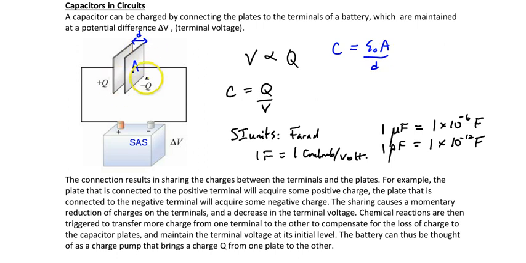So the larger the cross-sectional area A, the larger the capacitance C. And the closer you bring these plates here by making the separation distance d smaller, the greater the capacitance C. So really, capacitance is only a matter of geometry.